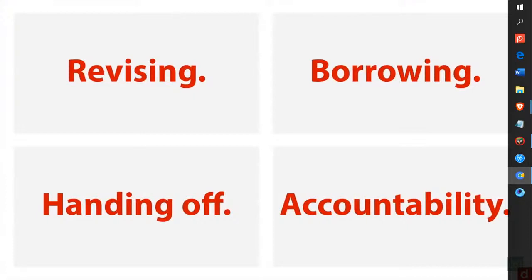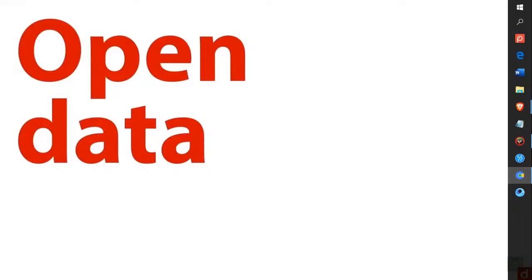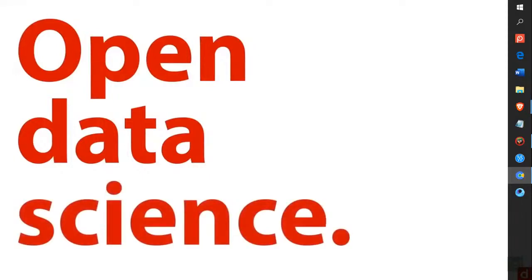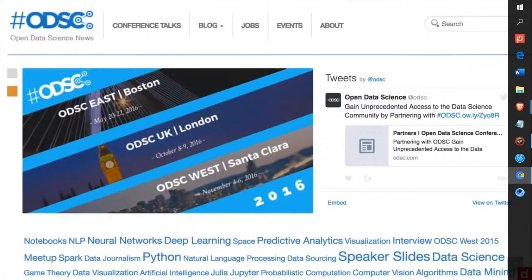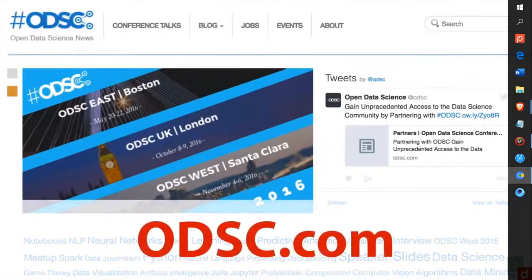Now, you may be familiar with the concept of open data, but you may be less familiar with the concept of open data science, and that's more than open data. For instance, there is something called the Open Data Science Conference at odsc.com, and it meets three times a year in different places.